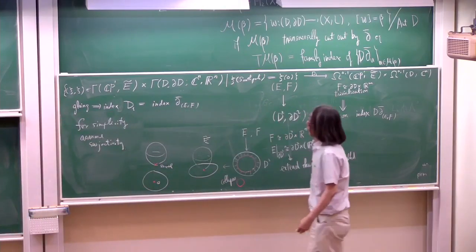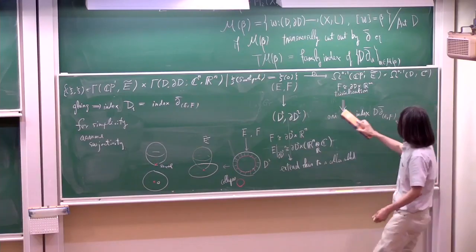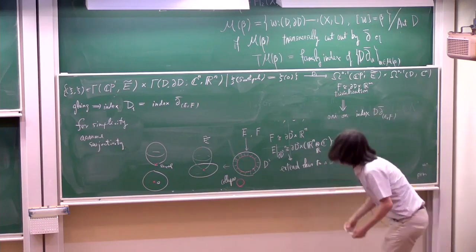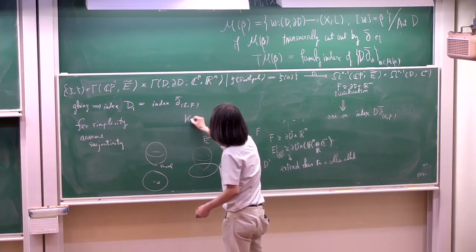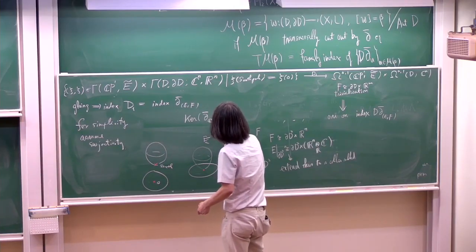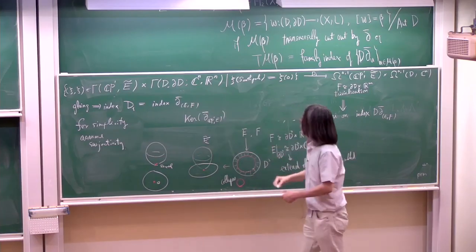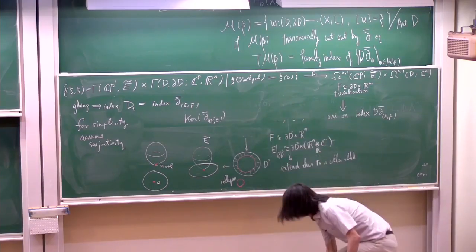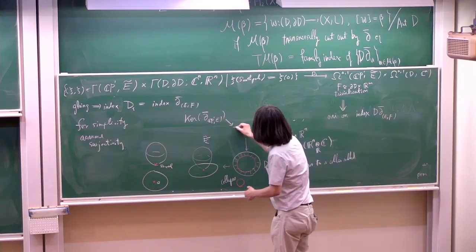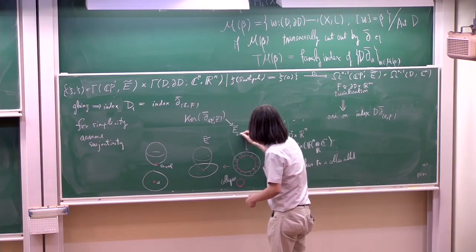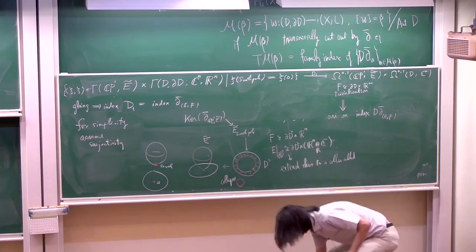And then what is happening? I consider the kernel of this Cauchy-Riemann operator on CP1 and E, and I map it to E tilde at the south pole. So I just take a value here.